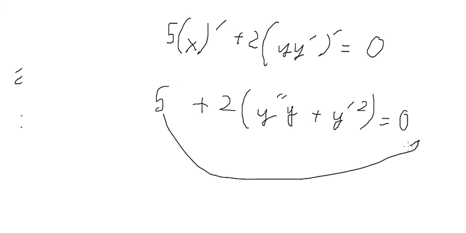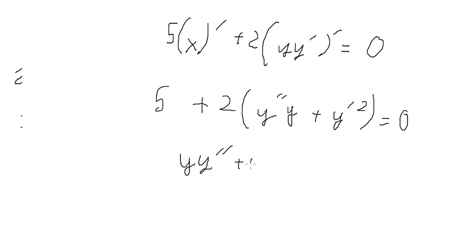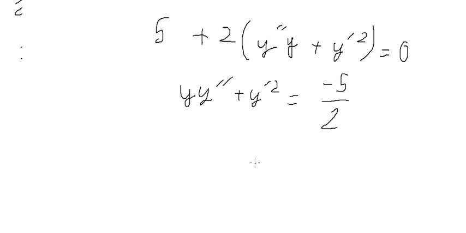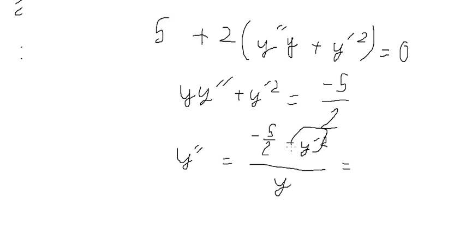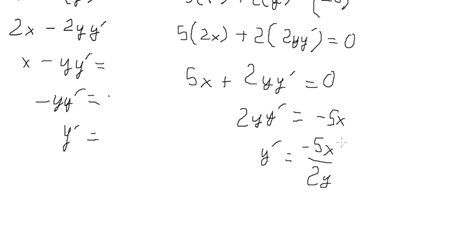So we put the number 5 in here, and later we divide by the number 2. You get negative 5 over 2. So we put this one in here, later we divide by y. And the first derivative of y, that's this one.